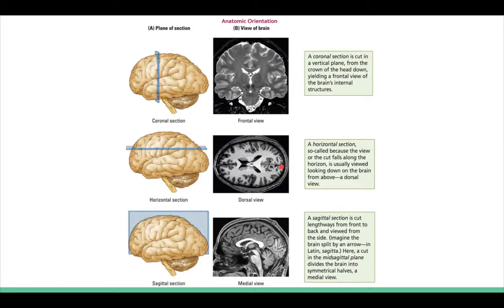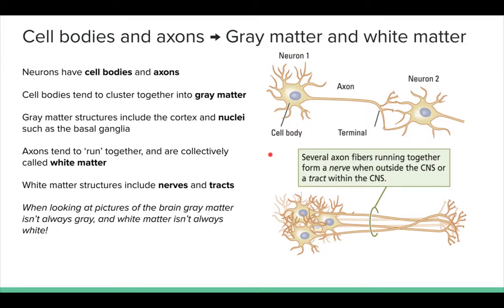Now, what is it exactly that we're seeing when we see these differences in color here? Well, what we're looking at here is gray matter and white matter. And to understand what they are, we have to go back and remind ourselves that the brain, of course, is made of cells, and the cells of the brain, the neurons of the brain, in general have two main parts. They have their cell bodies and the axons.